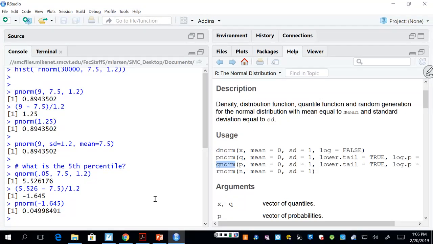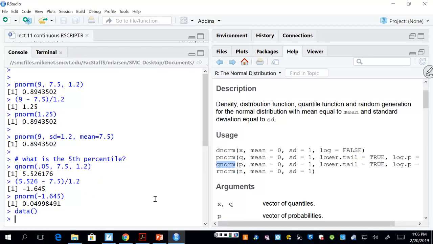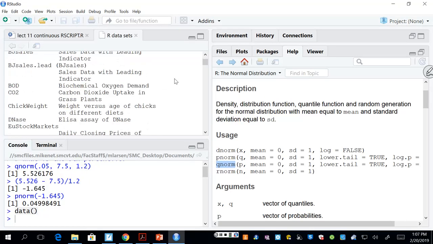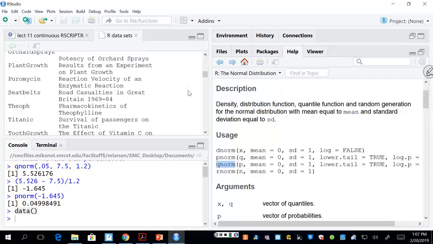So another question that comes out of this is about a data set: is it reasonable to use a model that says these data are approximately normal? As an example, there's a bunch of data sets that are included with R. If you just type data with these parentheses, it lists a bunch of data sets included with R on different topics.